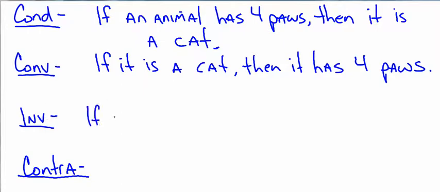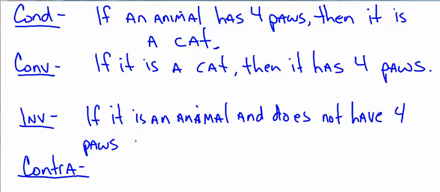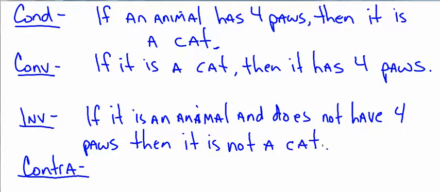If it is an animal and does not have 4 paws, then what? Then it is not a cat. Negated the original hypothesis and conclusion.